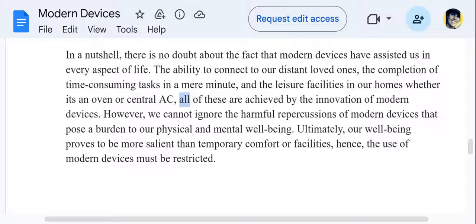So you want to be careful not to have so much at the front end that you kind of lose the thought, which is that these are all examples of what the innovation of modern devices has allowed us to be able to do. This is a sentence that I would rework in some way so that it flows better and you don't have all of these phrases resting on the back of the three-letter word all.